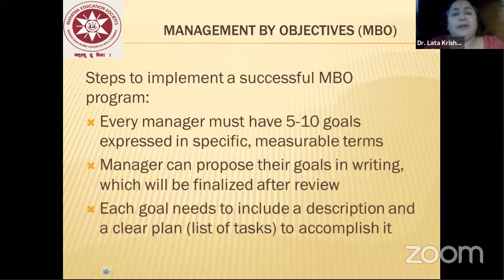Steps to implement an MBO program. Every manager must have 5 to 10 goals expressed in specific measurable terms. Managers can propose their goals in writing, which will be finalized after review. Each goal needs to include a description and a clear plan, a list of tasks to accomplish it.